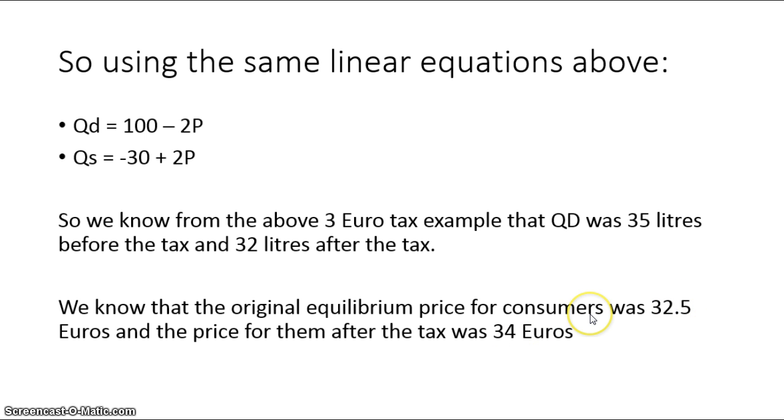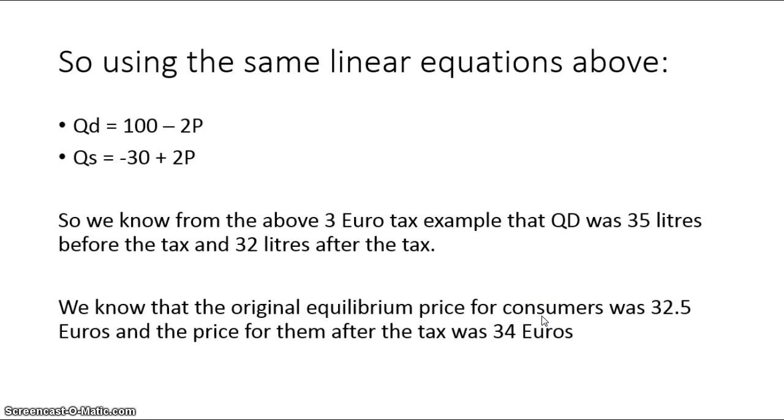Remember, there are 2 prices when we're talking about adding a tax or a subsidy. Consumers and producers get a different price. Because we're working out the price elasticity of demand, we are taking the price for consumers, because demand is about the responsiveness of consumers to a price change.